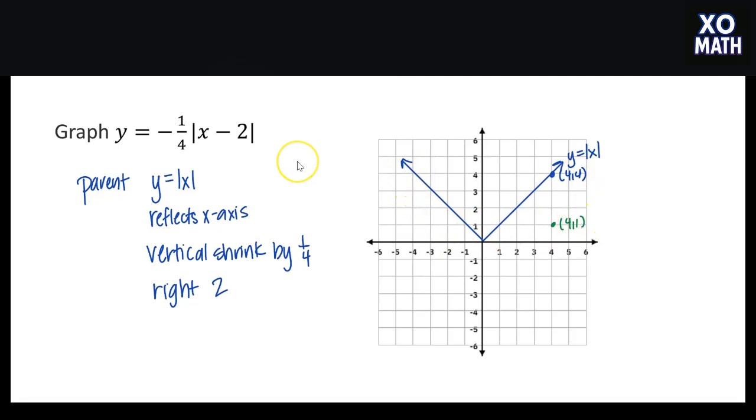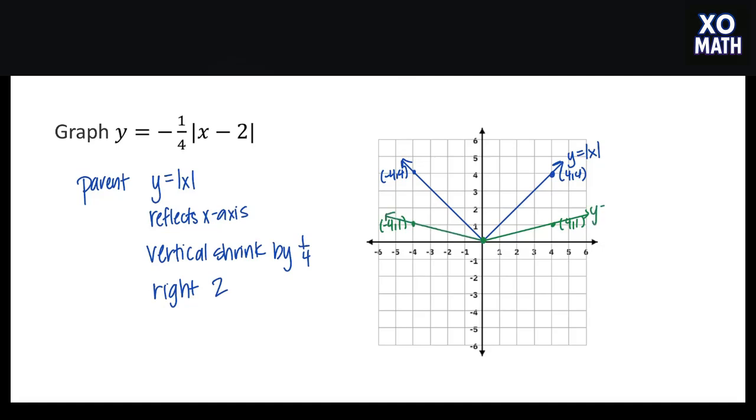And then the same thing would happen over here at negative 4, 4. We're going to have our new coordinate point be negative 4, 1. And 0, 0 is going to stay the same because the y-coordinate getting multiplied by a fourth just stays 0.